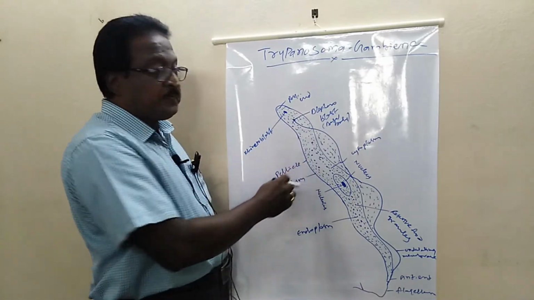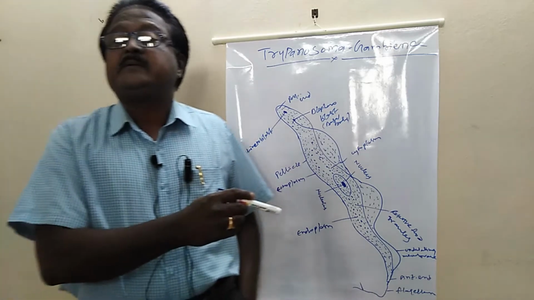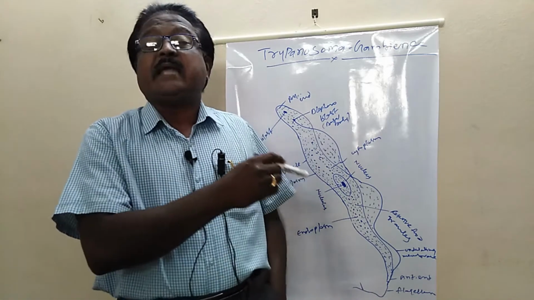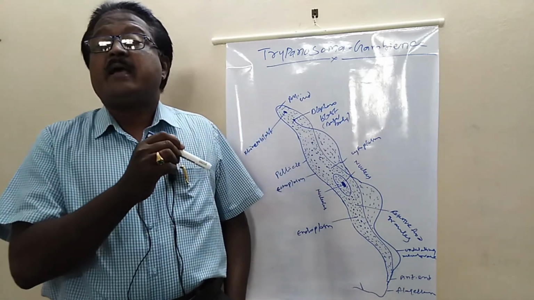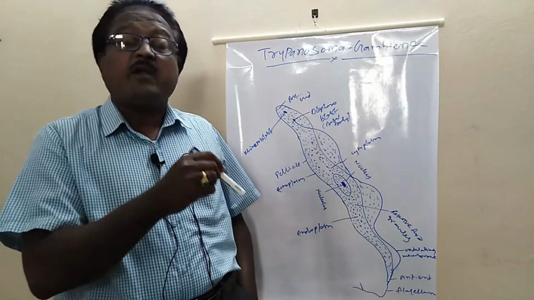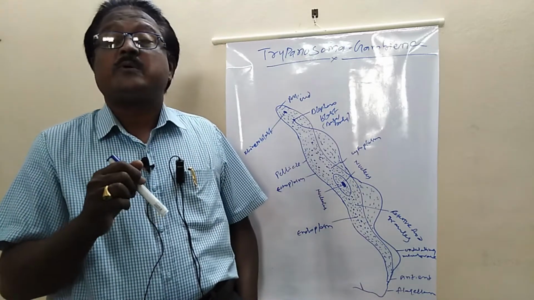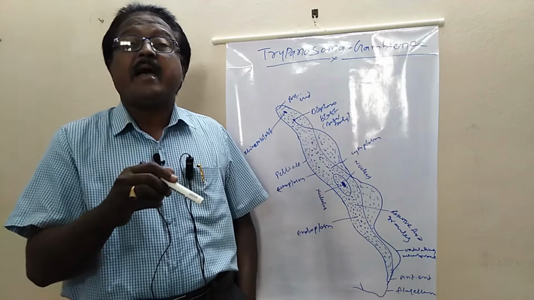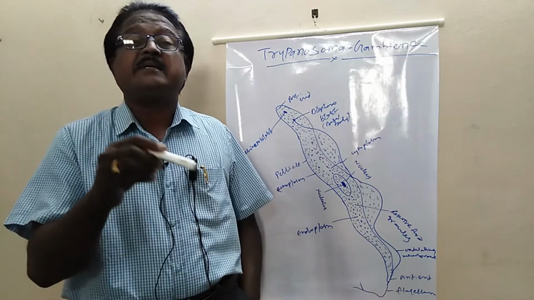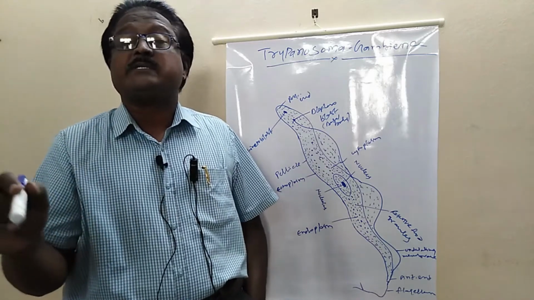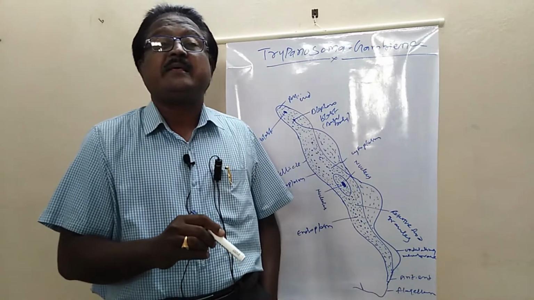This parasite is digenetic and involves two hosts, particularly man is the definitive host and the secondary or intermediate host is the tsetse fly.